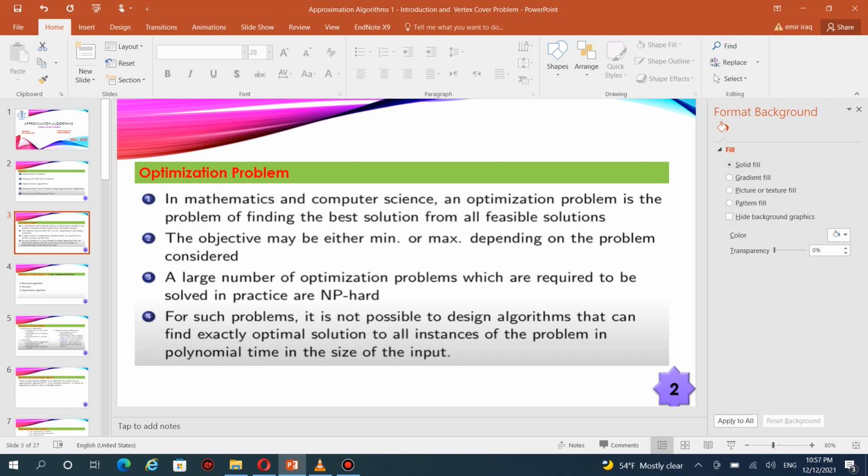The objective may be either minimum or maximum, depending on the problem considered. I will explain what is meant by minimum and maximum in just a few minutes. A large number of optimization problems which are required to be solved are NP-hard.